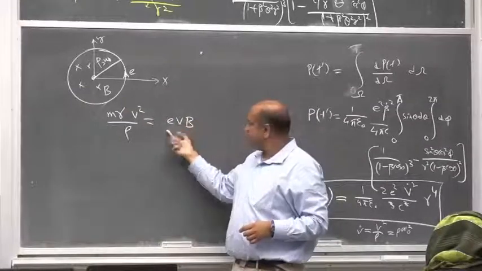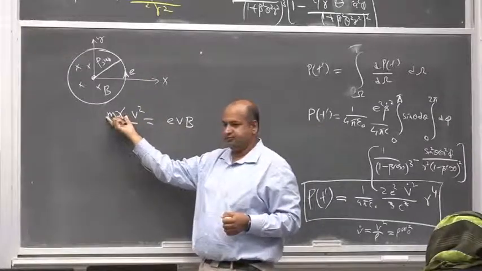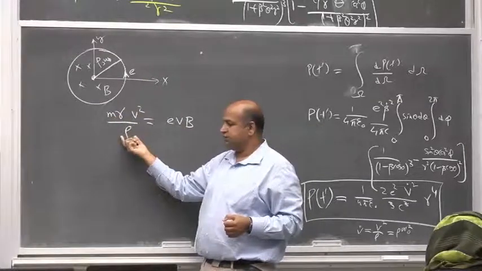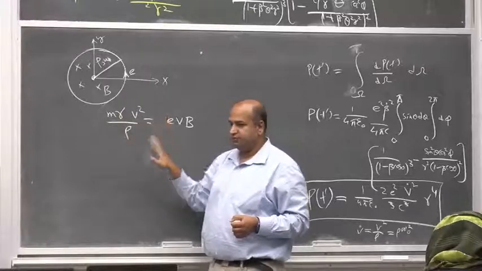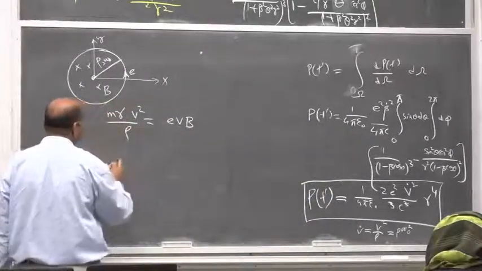This is if the B is perpendicular to velocity, so this is eVB, the magnetic force. And since I'm taking the relativistic case, m gamma is the mass, and v square over rho is mass, velocity square, and this thing. So यहाँ से you can solve it either for v.